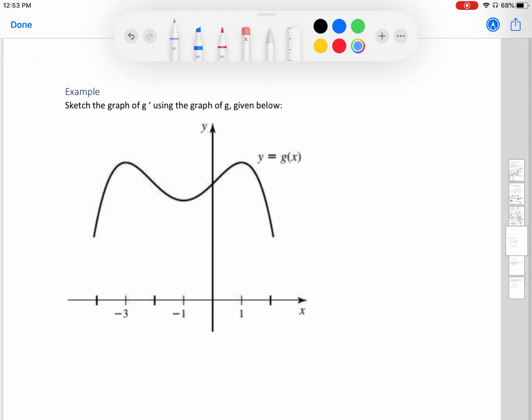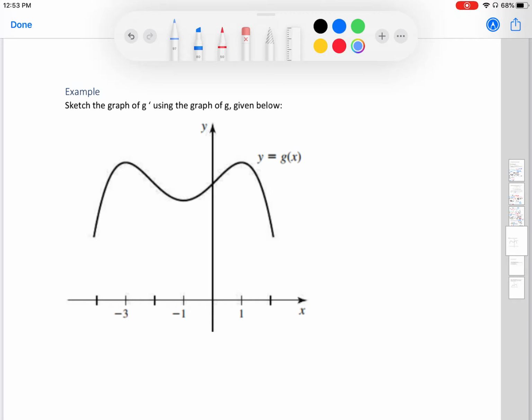Sketch the graph of g prime using the graph of g. Okay, so again, your derivative is your slope at a tangent line. So let's start by setting out where your slope is 0. Well, you have the line y equals 0 at those peaks.